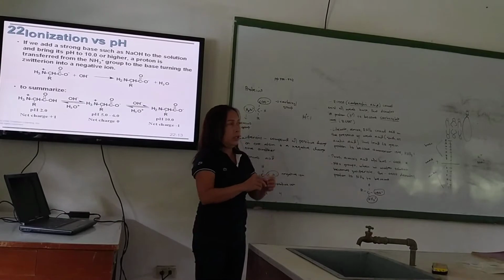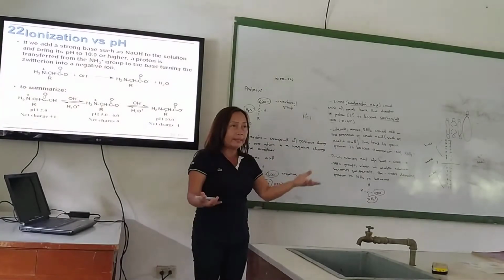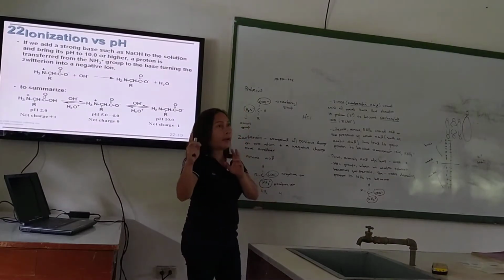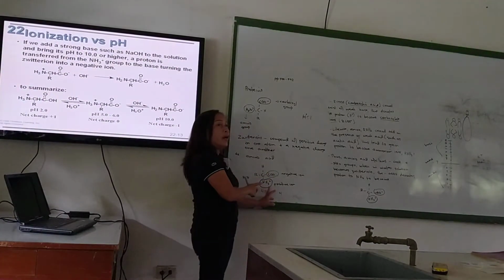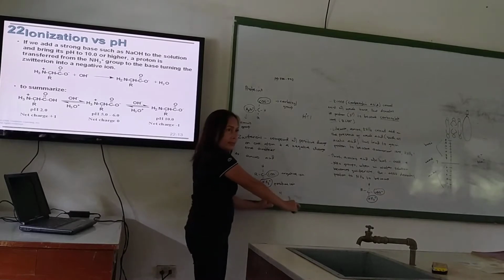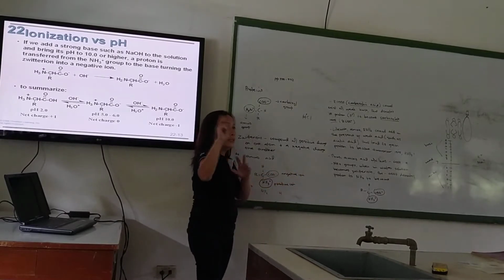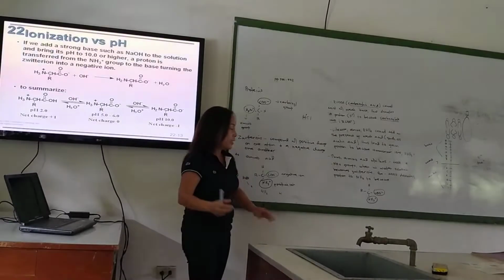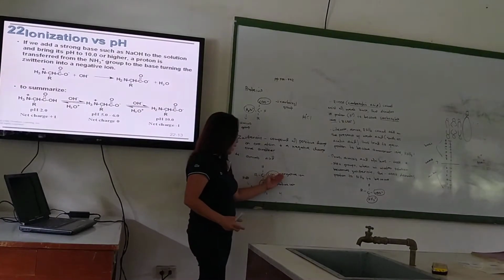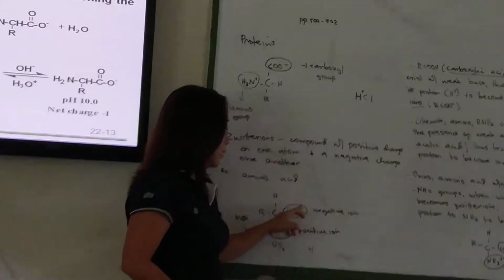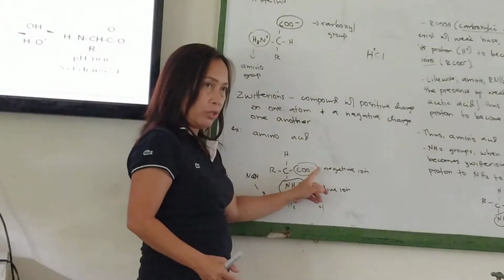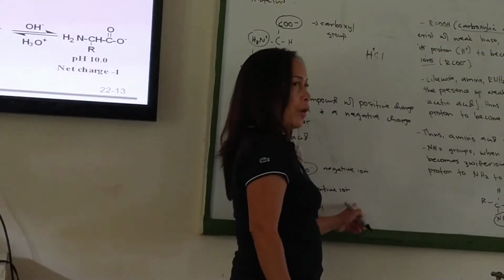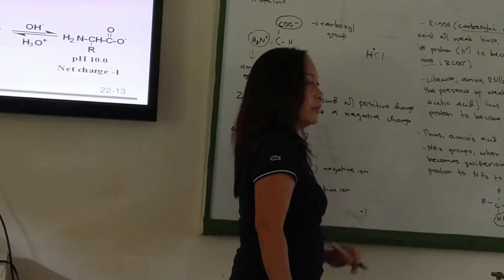Now, if a strong base is added, the tendency is that the proton in the amino group is taken by the base, by the sodium hydroxide, such that what is left is the carboxyl group charge. So the charge of our amino acid is negative 1.